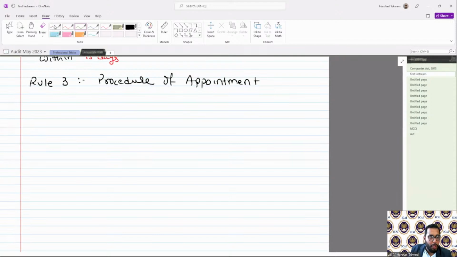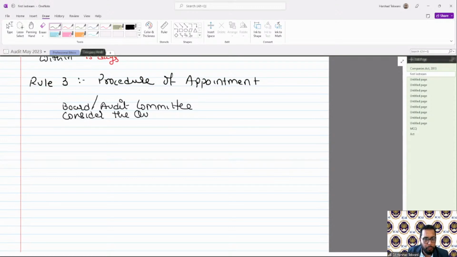I will write board / audit committee because in certain cases it's mandatory to have an audit committee. Wherever it is mandatory, those decisions will be taken by the audit committee. First, they will consider the qualification of the auditor.